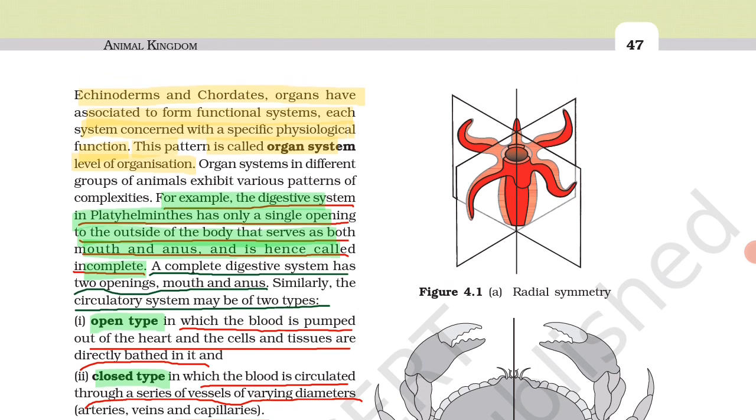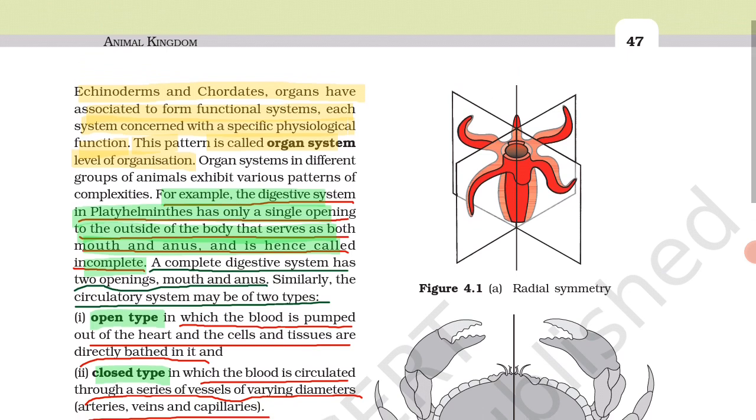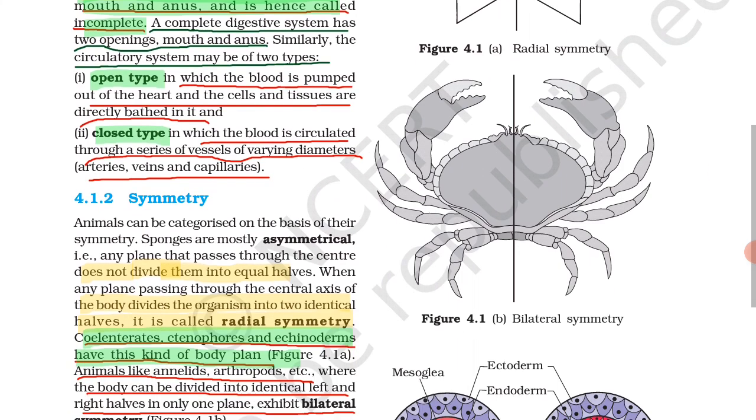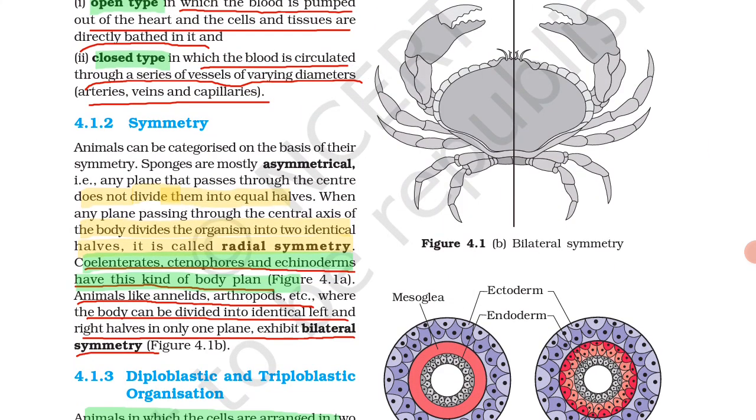When a plane passes through the body, it divides into two identical equal halves. The examples of radial symmetry are coelenterates, ctenophores, and echinoderms, which have this kind of body plan.